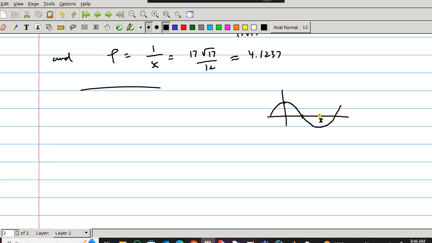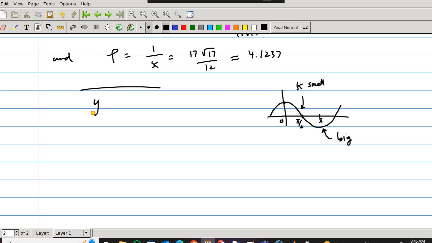At pi by 2 it will be smaller. You see, it's almost a straight line at pi by 2. So k will be very small if you calculate at pi by 2, and if you calculate at pi or at 0, k will be big, because the bend of the curve is higher at 0 and at pi.